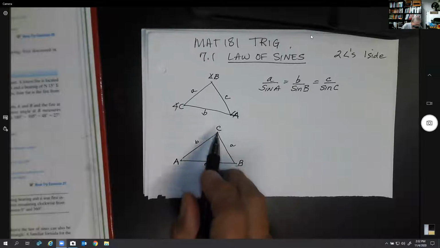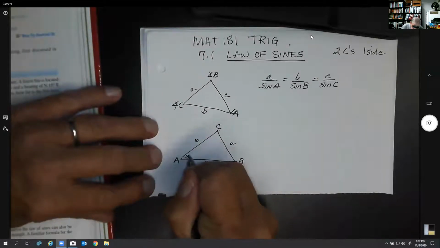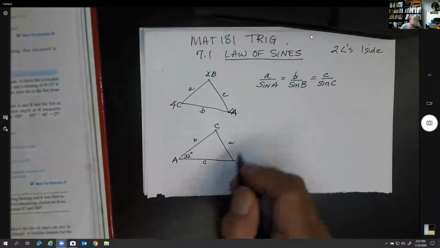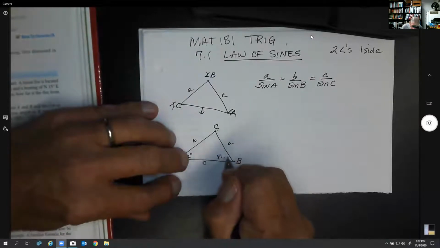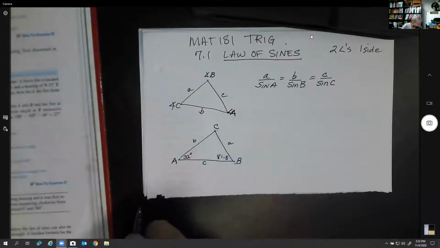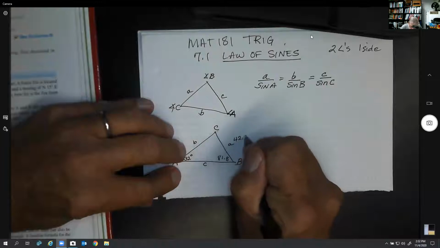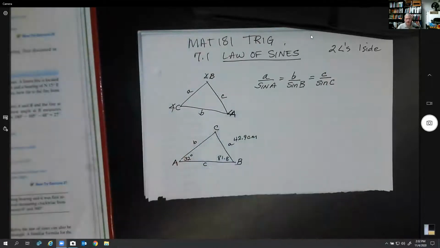A is 32 degrees. That would be our angle right here. B is 81.8 degrees. And small a is 42.9 centimeters. So we know that information is given to us.